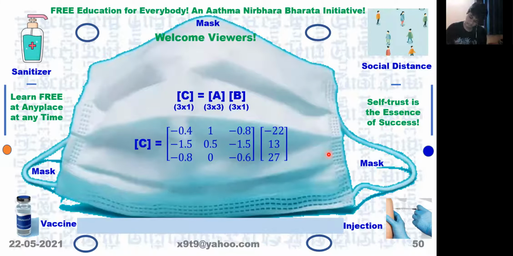So how do you write the matrix C? C is equal to 1, 2, 3 enclosed in a rectangular bracket.